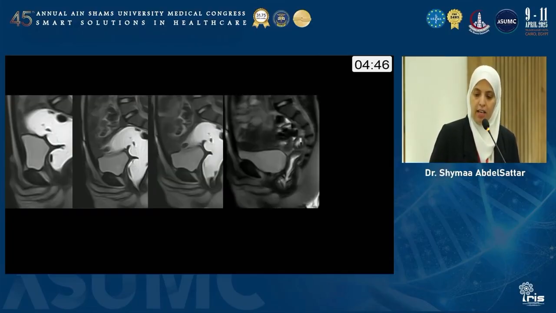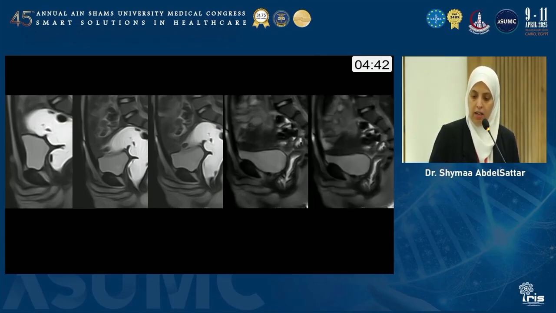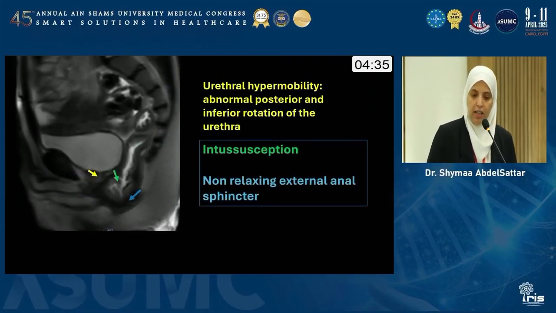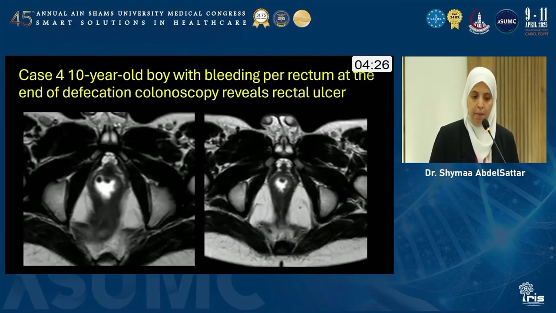We can see here intussusception and urethral hypermotility. I will show the magnified view. We can see here in yellow there is urethral hypermotility, abnormal posterior and inferior rotation of the urethra. Also there is intussusception in green and non-relaxation of the external anal sphincter.